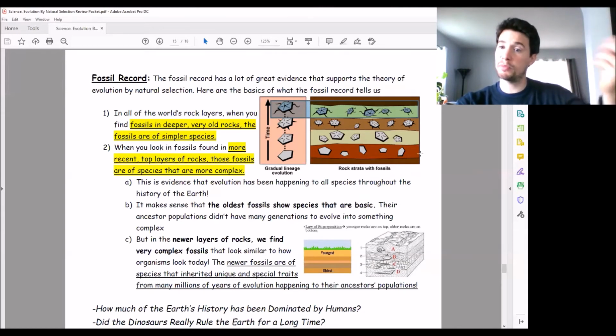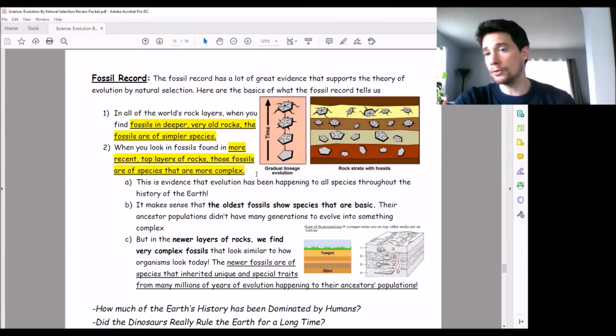And so they're more specific for their environment. They're more complicated because there have been more and more generations of evolution behind them. They're usually more similar to the things that exist today, the newer fossil layers.